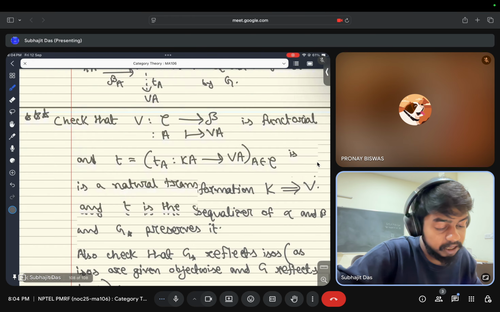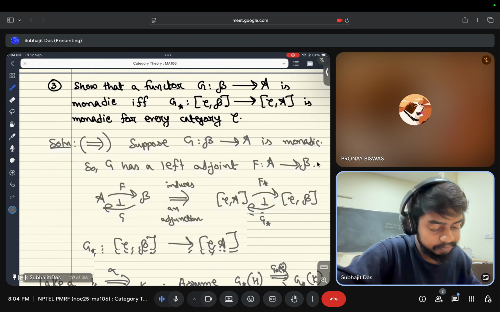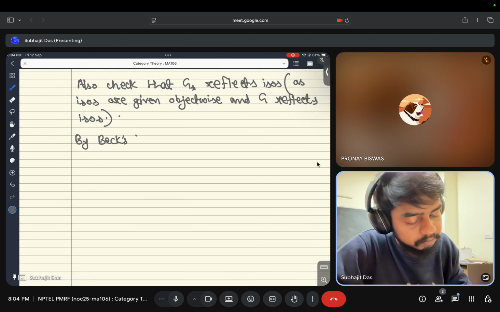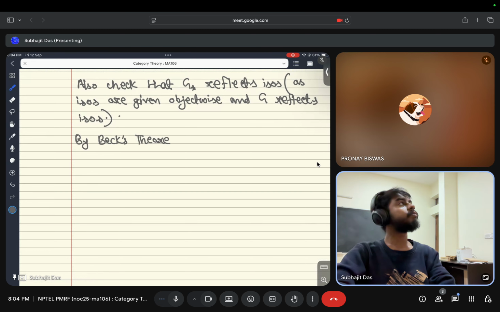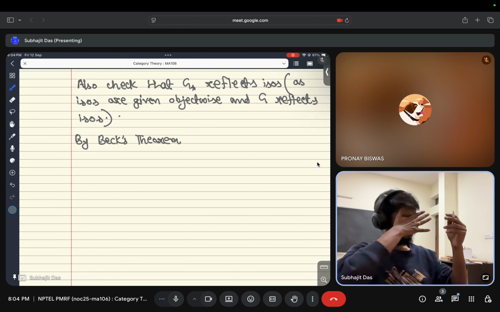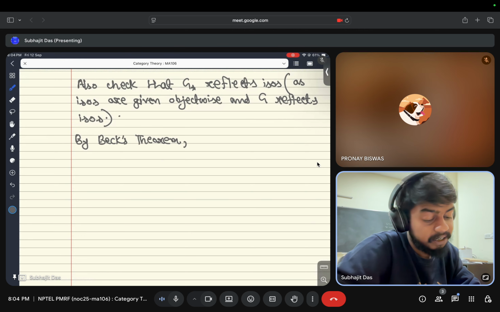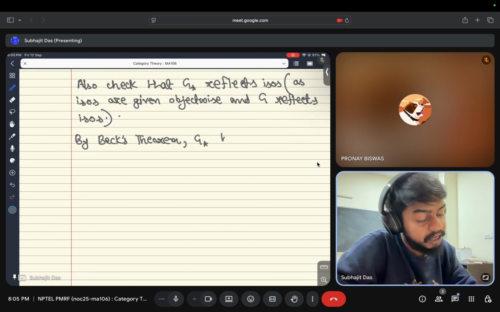Okay, so by Beck's monadicity theorem, G star is monadic.